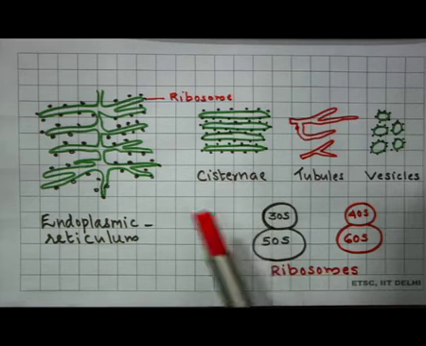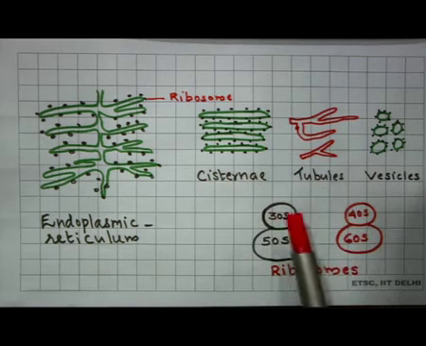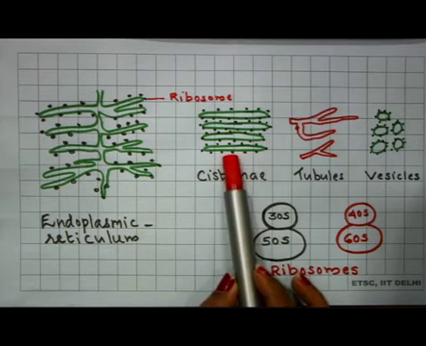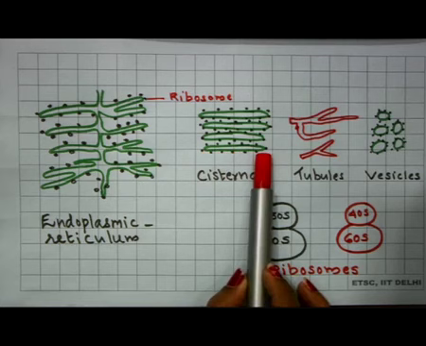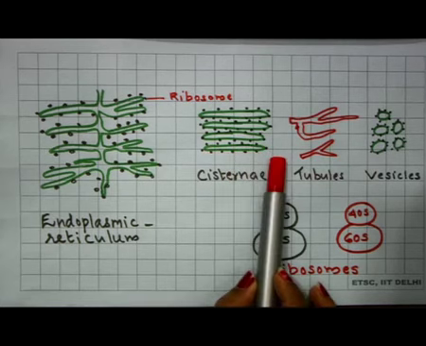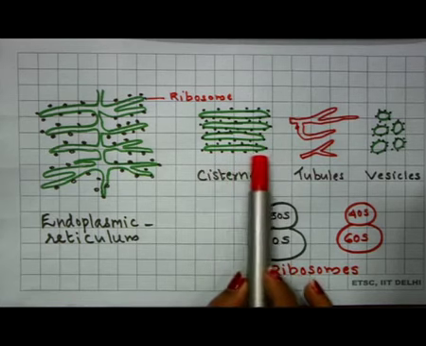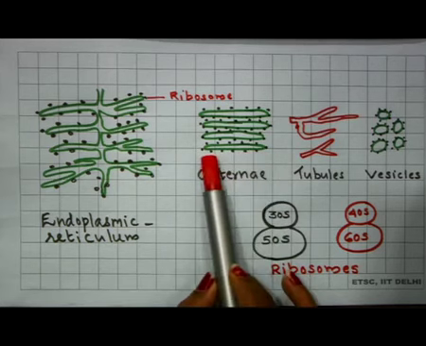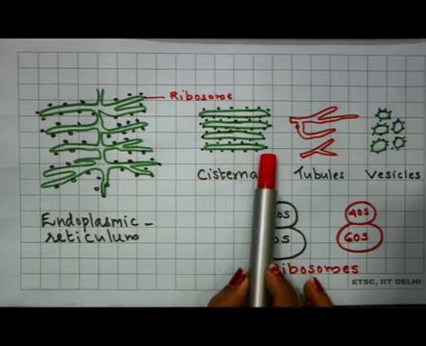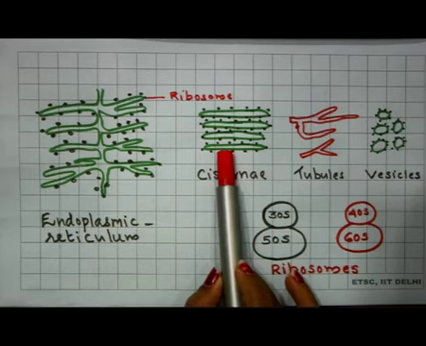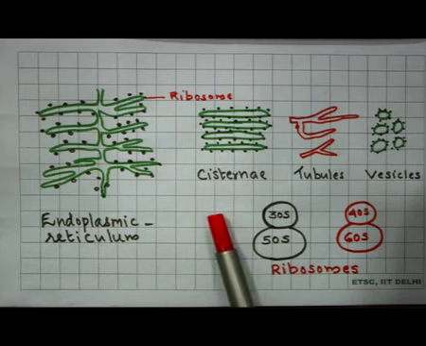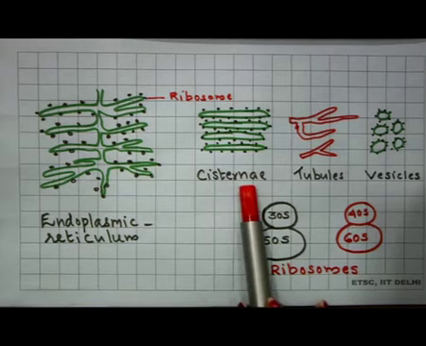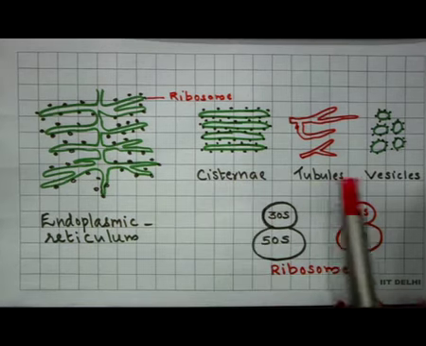Now, see the structure and try to identify these three. Cisternae are tubular, flat, membrane bound, sac-like and unbranched. They are arranged in parallel groups or bundles. Such structures are known as cisternae. Now, coming to the second one, tubules.